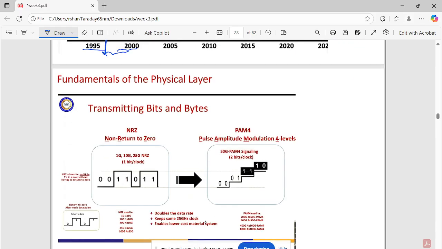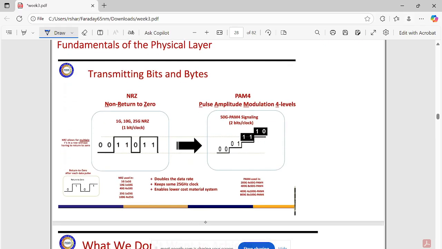Okay, going to the fundamentals of the physical layer. At the physical layer, it is like a wire. So we take two elements and we connect them using a communication cable.